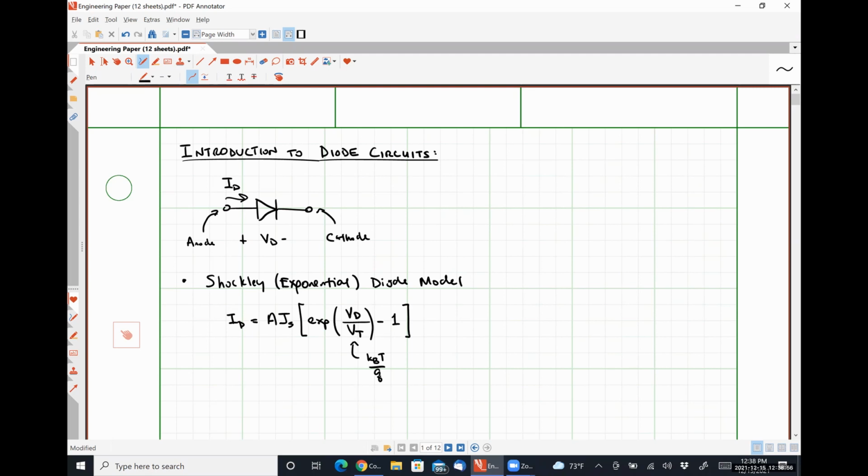Okay. So this matches literally exactly what we derived for PN junctions and metal semiconductor junctions.